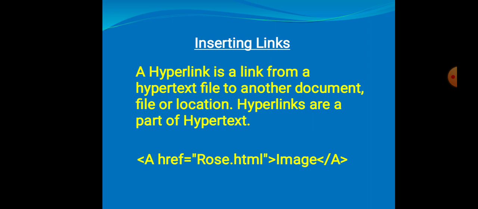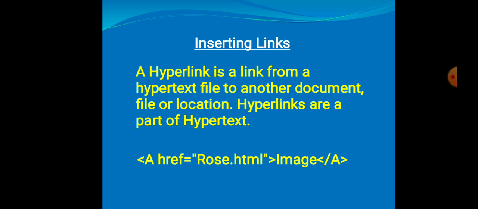Link is fully called a hyperlink, and hyperlinks are a part of hypertext. So to include hyperlinks in your document, what should you do? You should use a command. What is the command? That is the anchor command. Using this anchor command, you can create a hyperlink. Now see, the image is the text which will be displayed in blue color. When you place the mouse pointer on it and click on that image text, what happens?